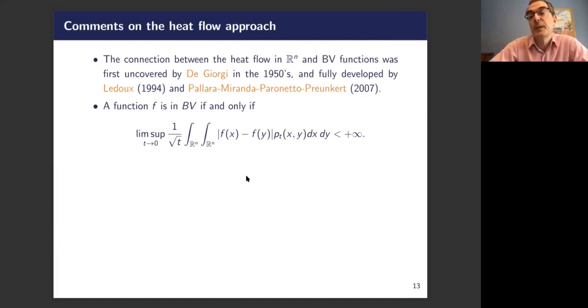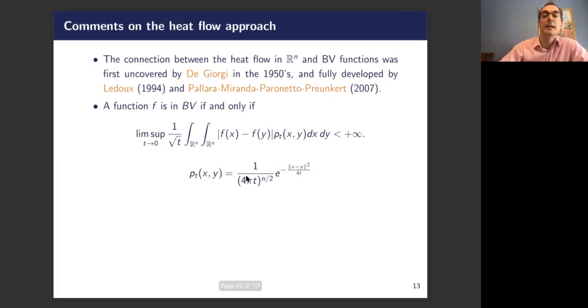Precisely, it is possible to characterize BV functions completely only in terms of the heat kernel. A function f is going to be a bounded variation function if and only if the lim sup, which is written in the slide, is finite.